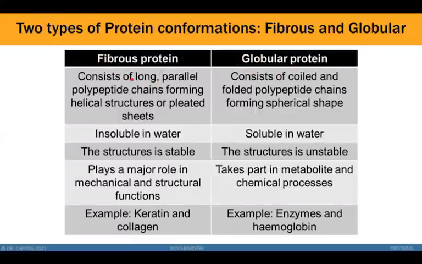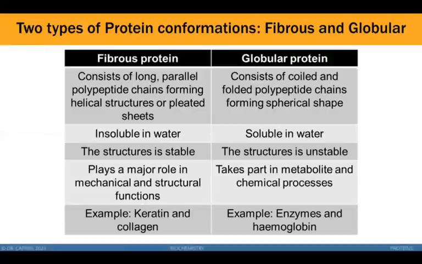Now, fibrous protein consists of long parallel polypeptide chains forming helical structures or pleated sheets. They are usually insoluble in water because of this arrangement. The structure is more stable compared to the globular one, and it plays a role in mechanical and structural functions. Examples of fibrous proteins are keratin and collagen.